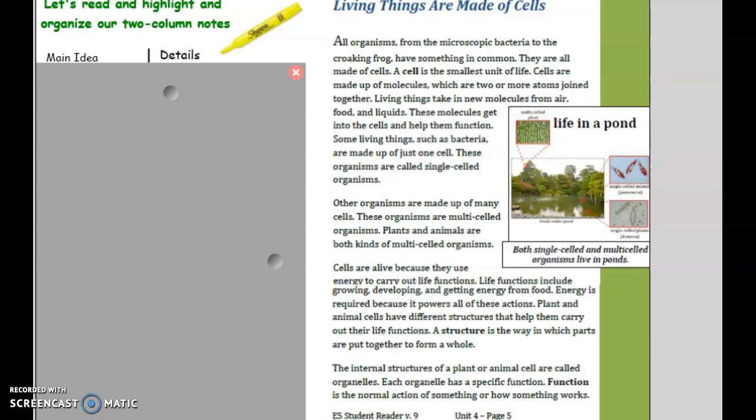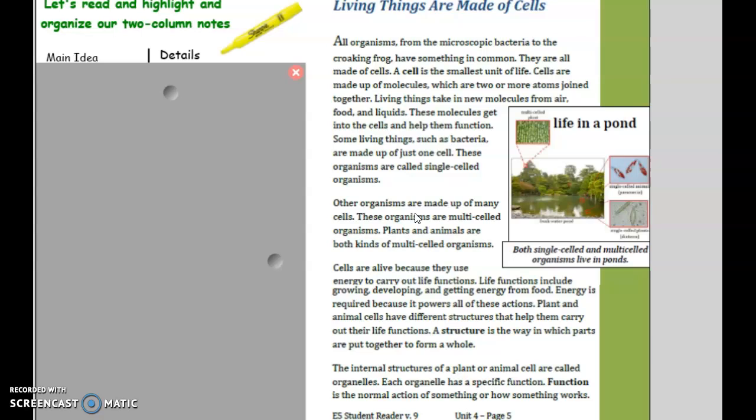But you might remember that we talked about how cells are made up, right? All living things are made of cells. They're the smallest unit of life. And that there are single cell creatures like bacteria, but then there are multi-cell creatures like animals, plants, people, and that they have different things within them that sometimes we refer to as organelles.